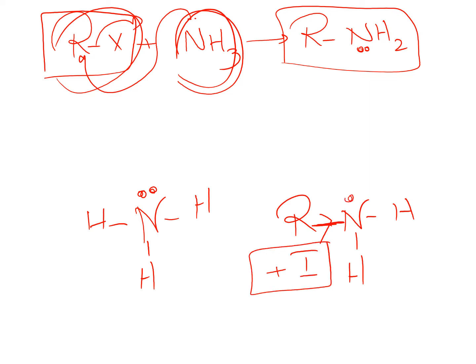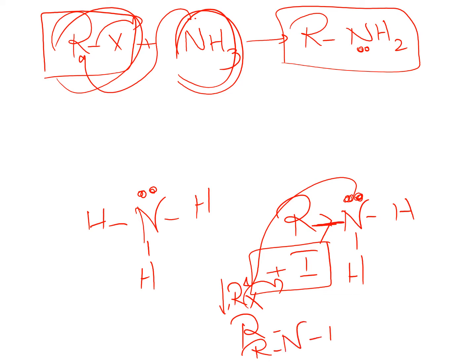So it's increasing the lone pair of electrons on the nitrogen. So this nitrogen has a more localized lone pair of electrons on it than the nitrogen of the ammonia. So if the alkyl halide has to choose which one of them to react with, it prefers to react with the primary amine rather than the reagent that I have just used, which is the ammonia.